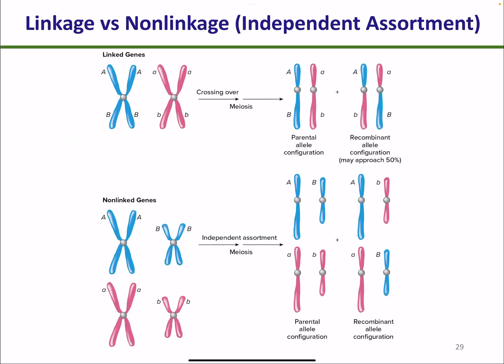All right, so basically, this is what we show here. When genes are linked, right, with a cis organization, what we are going to see is that with the two genes being far apart, after meiosis we are going to have the parental allele configuration here and the recombinant allele configuration here, and this may approach 50% recombination by virtue of being so far apart, right?